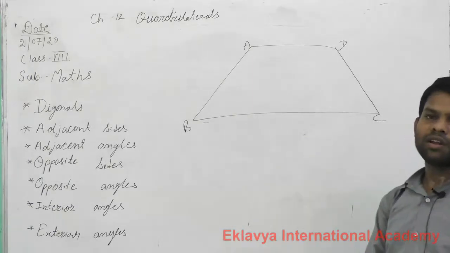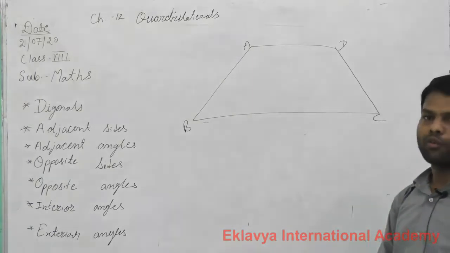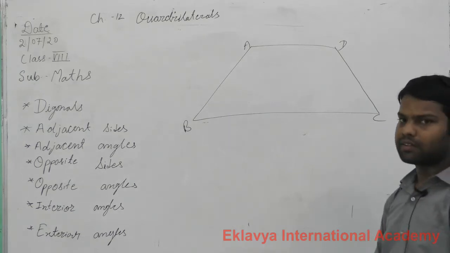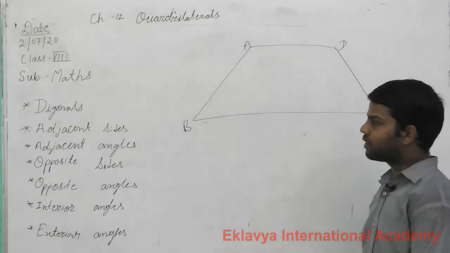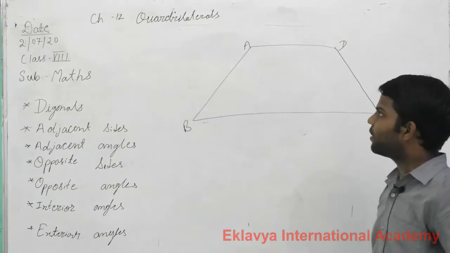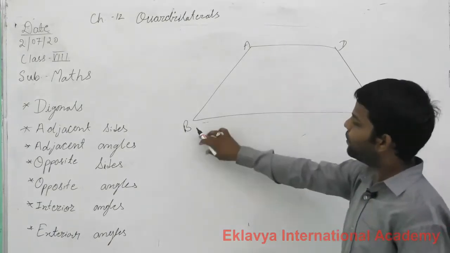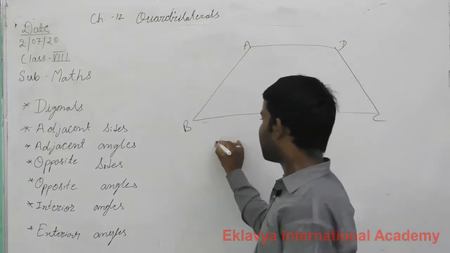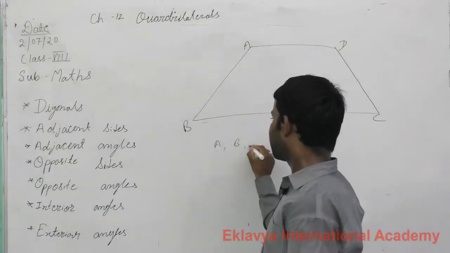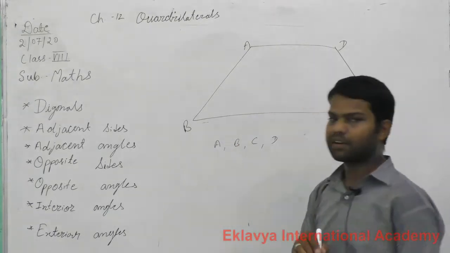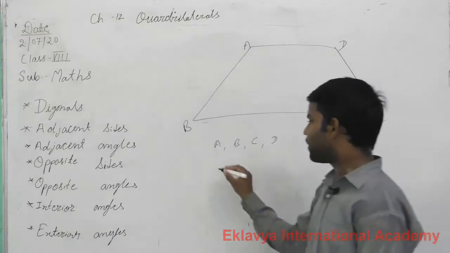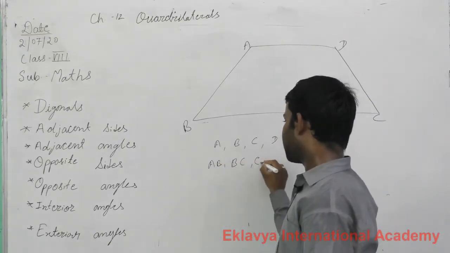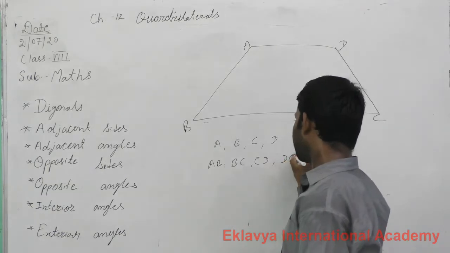In this quadrilateral we have four vertices, four sides, four angles and two diagonals. Vertices are defined by A, B, C and D. So here we write vertices are A, B, C and D. Line segments are AB, BC, CD and DA.